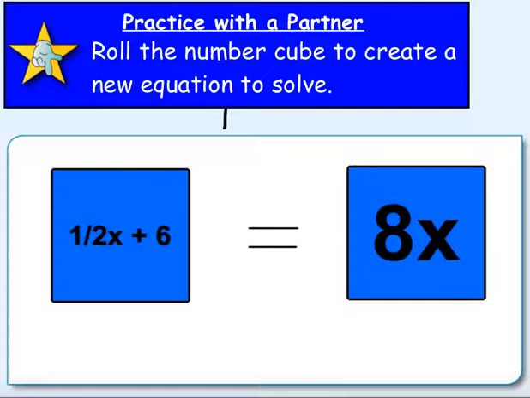It's trying, folks. Okay, well, regardless, when we do this, we can move that 1/2 x to the other side. By doing that, I'm going to have to subtract it. So I would have 7.5 x equals 6. Okay, and then I would divide by 7.5 on each side and get x alone.